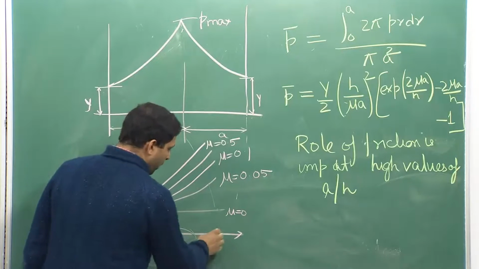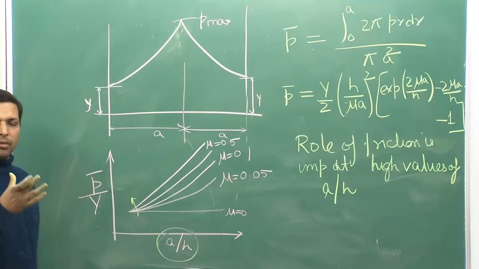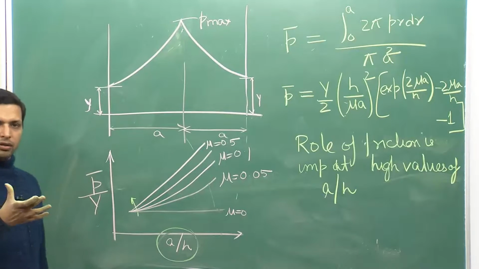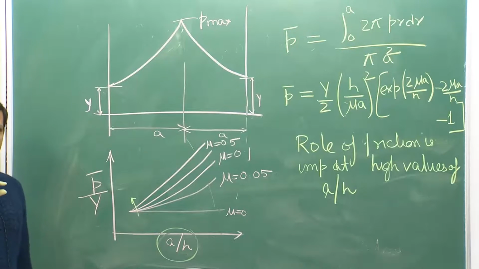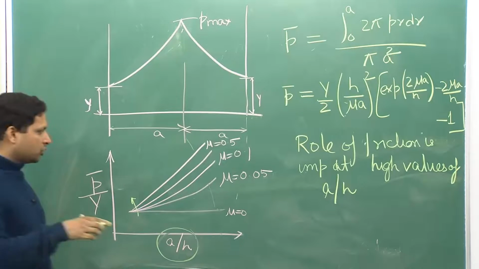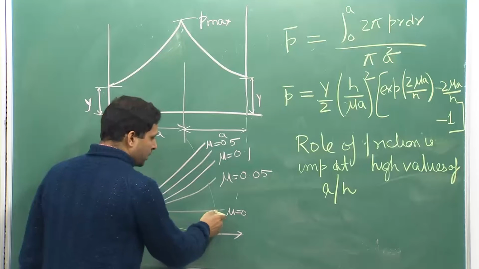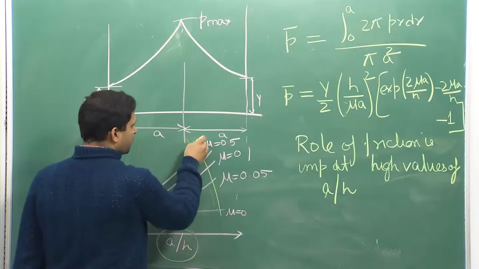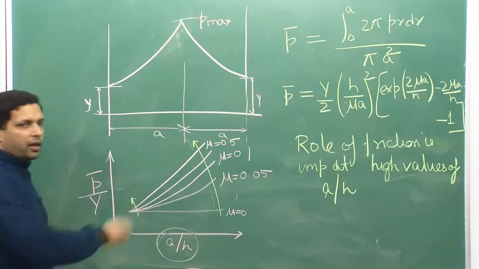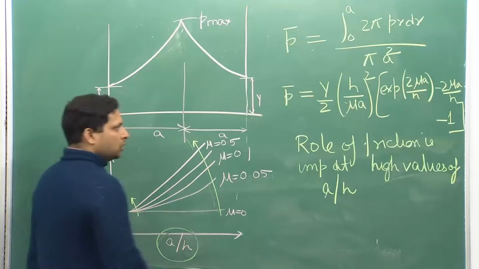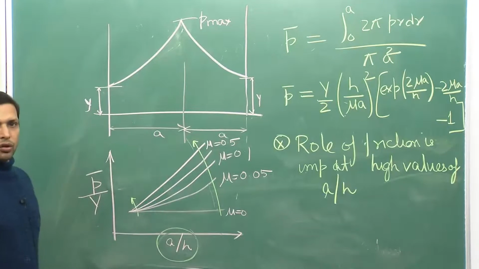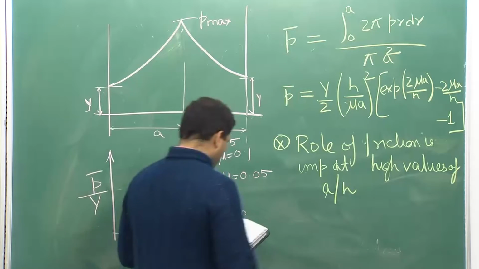But when A by H is large, meaning you have a disc kind of shape, when A is very large, meaning the height is less and the area is large, so your contact area is large with respect to H, then you can see that if you change mu by even a small amount, your pressure is varying a lot. So, the role of friction is important at higher values of A by H.